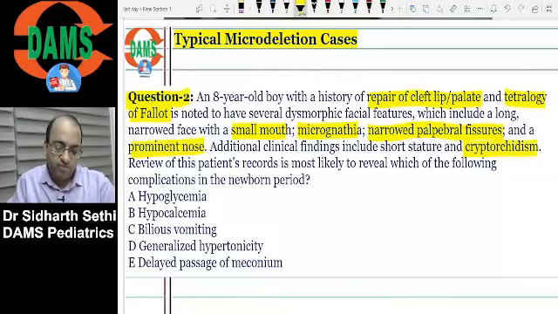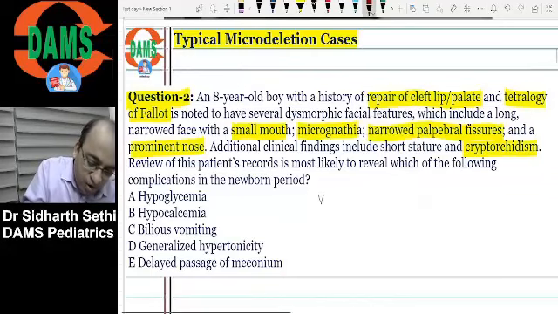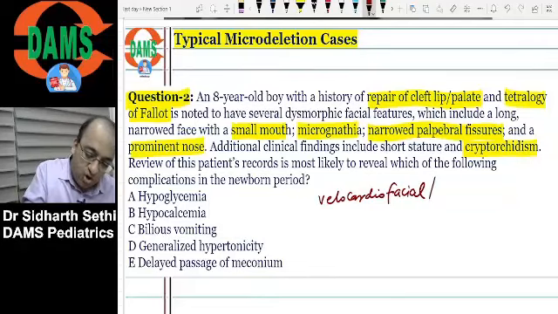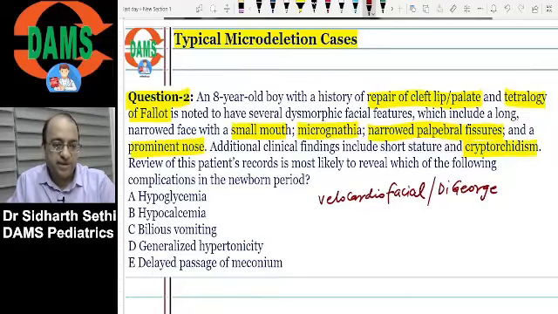tetralogy of Fallot, a small mouth? So all of you, this syndrome is called DiGeorge syndrome or velocardiofacial syndrome. So all of you should remember, this is a very classic case they will ask in your exams. A child with cleft lip, cleft palate, small mouth, micrognathia, narrow palpebral fissures.